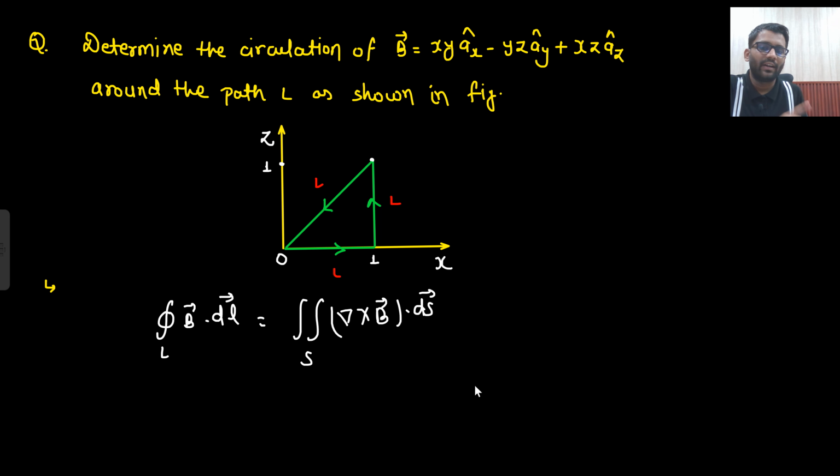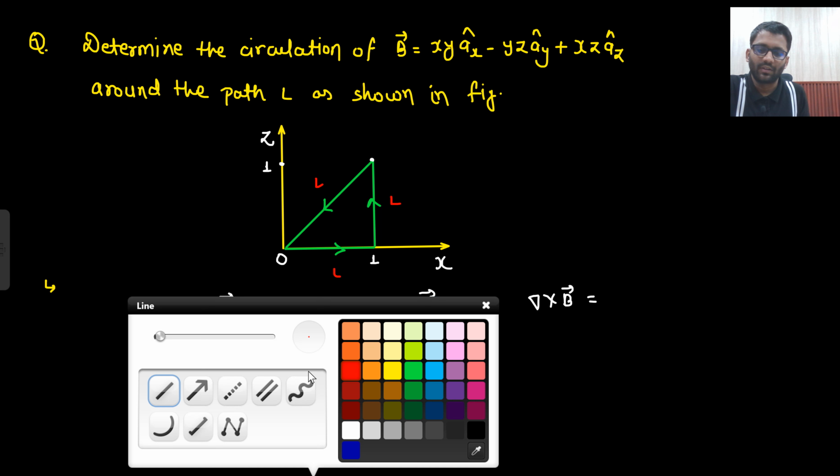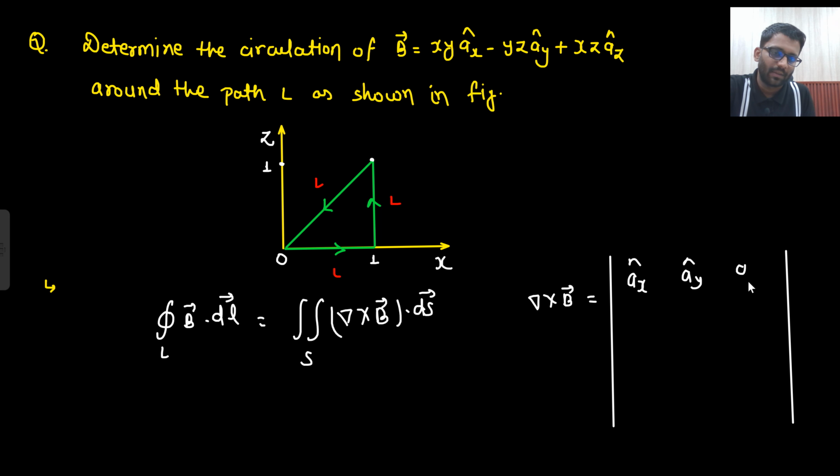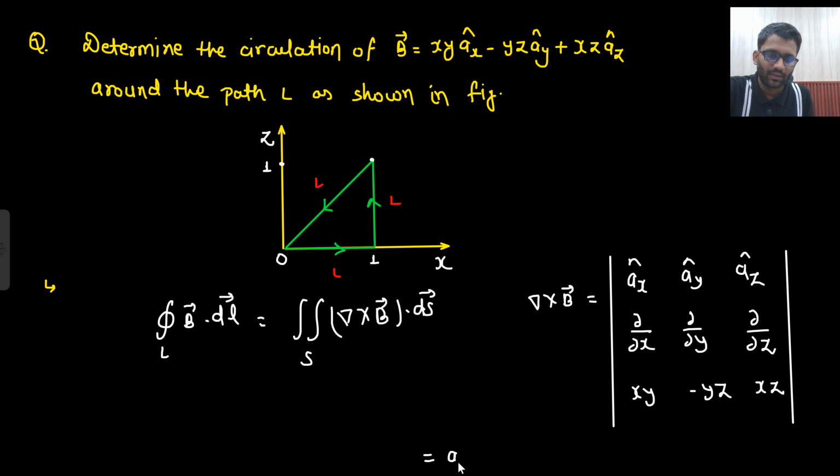Now your task would be to find del cross B. So I will find del cross B now. So what that would be? Ax cap, ay cap, az cap, del by del x, del by del y, del by del z, xy minus yz into xz. So what you are going to get? Ax cap first, then 0. Here y will come common, so y ax cap plus.